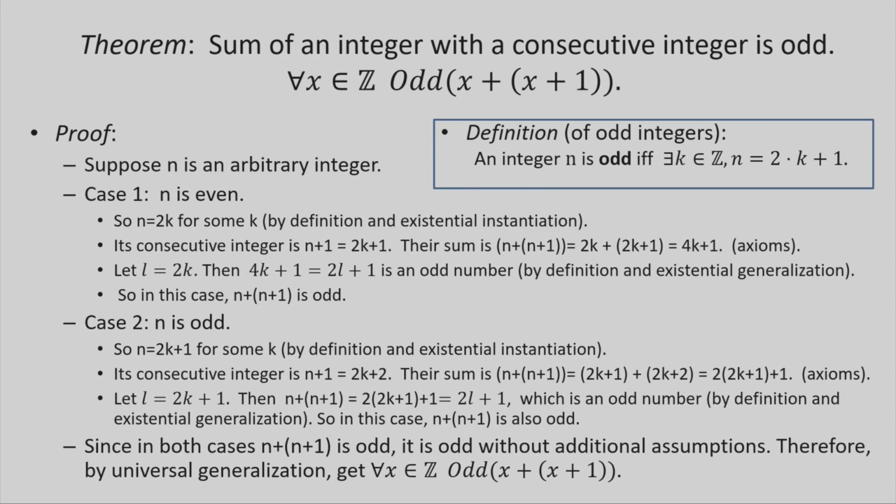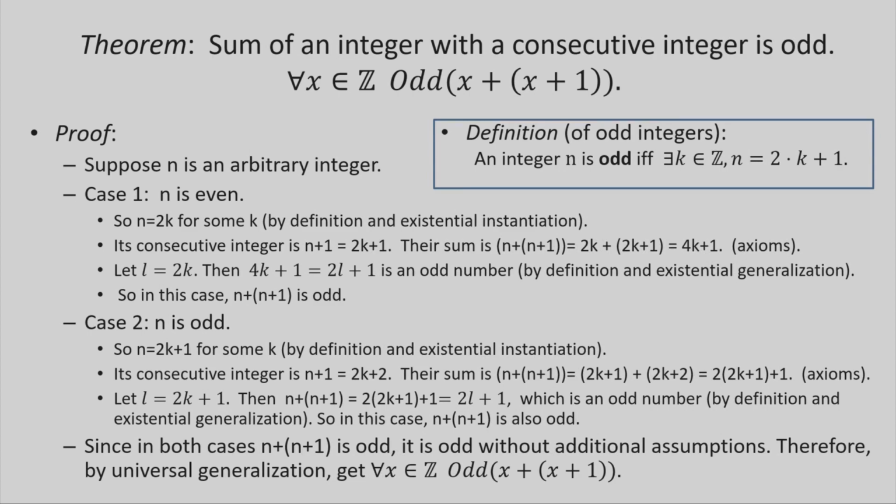Here we are just using axioms, just using algebra. Now, can we write this number in the form 2 times something plus 1? Yes, we can if we make that something 2k. And let's call the thing l, so as to make our universal generalization a little easier.